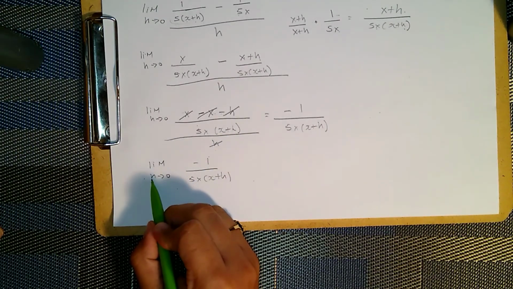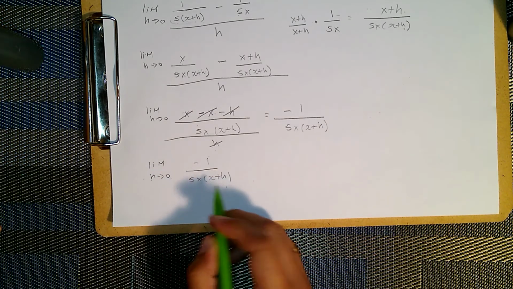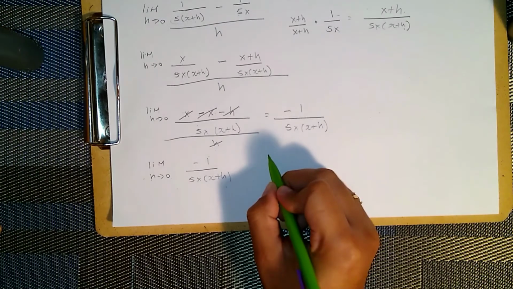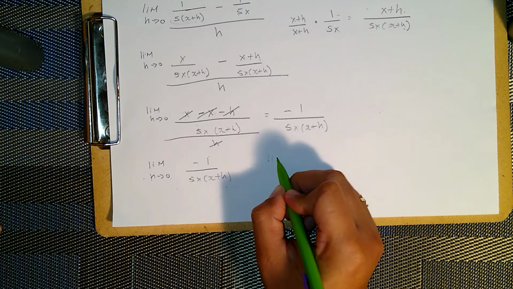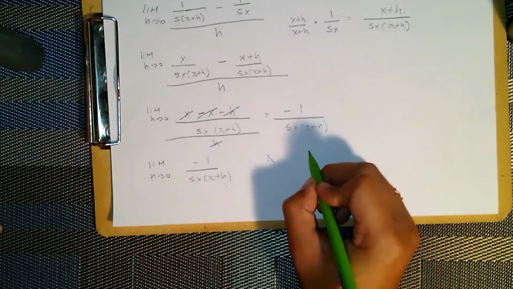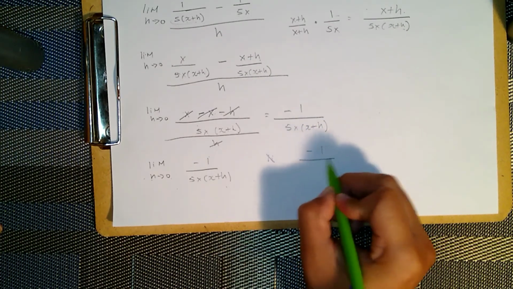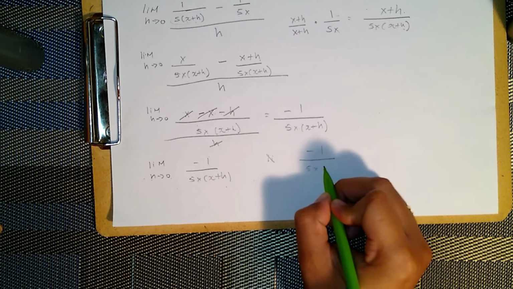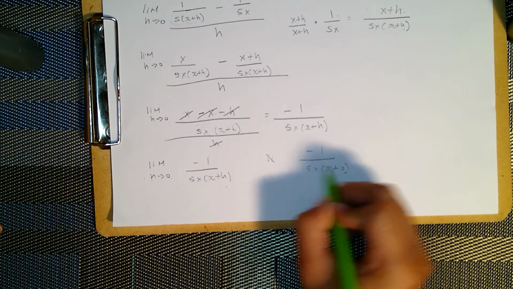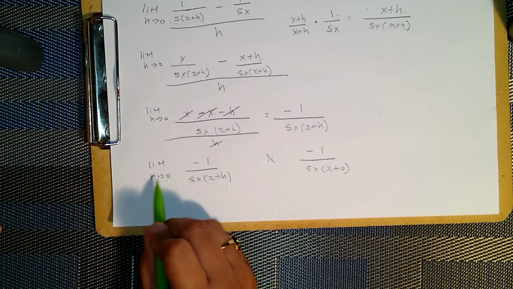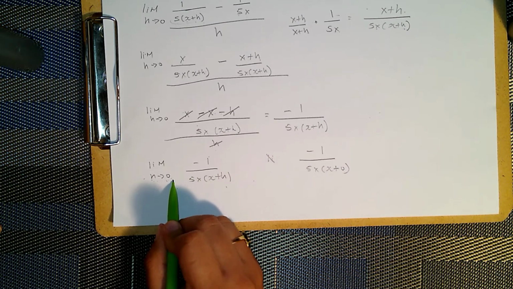Here we can substitute the 0 for the h. You no longer write the limit here, right? Negative 1 over 5x, x plus 0. You got the 0 from h approaching 0.